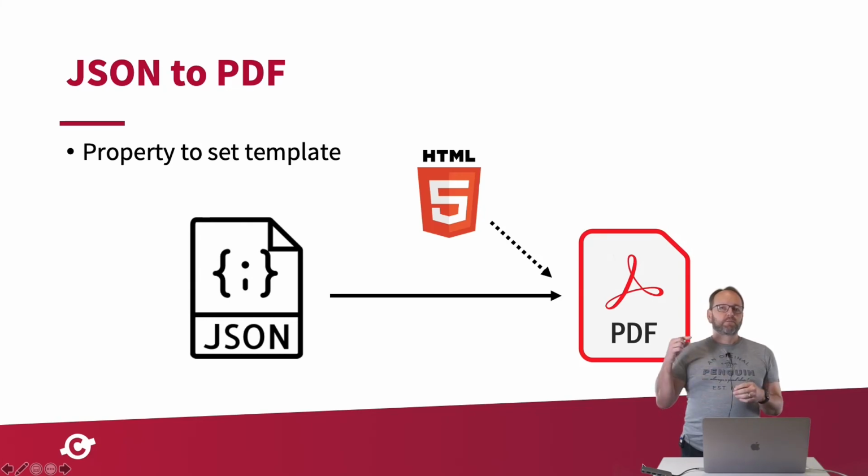And there is a property where you can say, this is the template that you should be using to do the conversion, generate the PDF file. And that property would allow you to select a single HTML file for easy cases, but it would just as easily allow you to select a folder. And in that folder, again, you have a full HTML template.